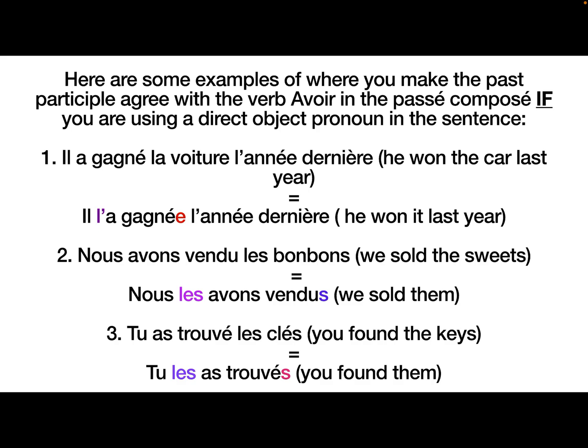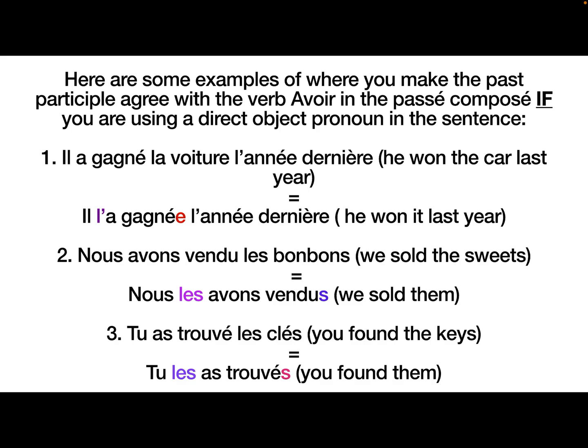Look at the second example. Nous avons vendu les bonbons. We sold the sweets. We sold, helping verb avoir, past participle vendu, from vendre, to sell. That's grand. We sold the sweets yesterday. We sold them. Okay, I want to replace the sweets, les bonbons, with them. So I want to replace it with les.